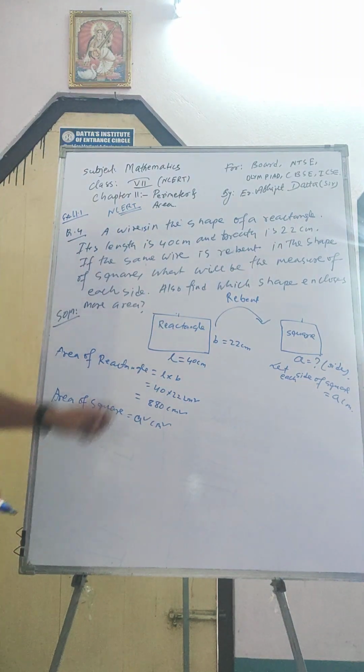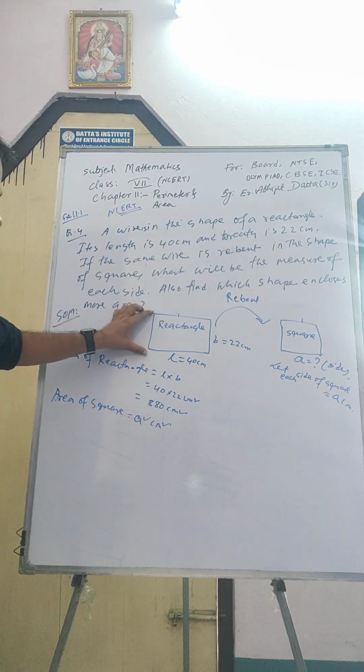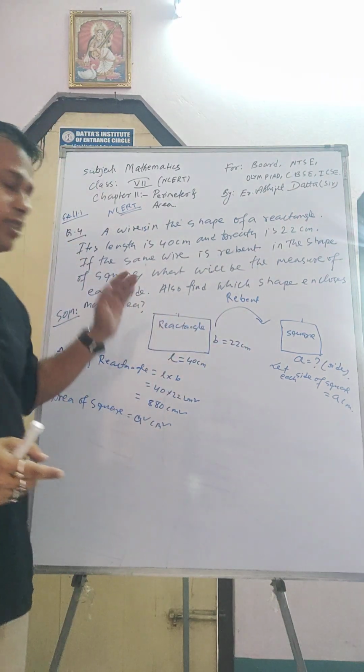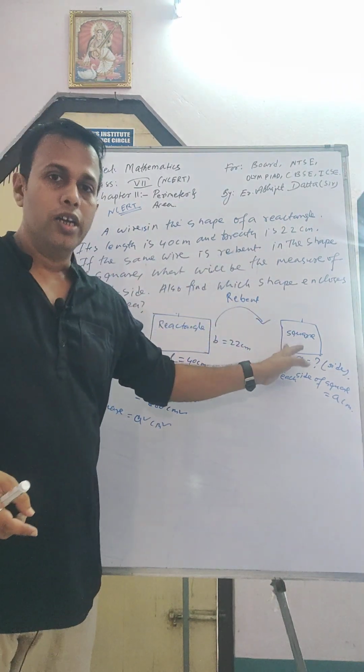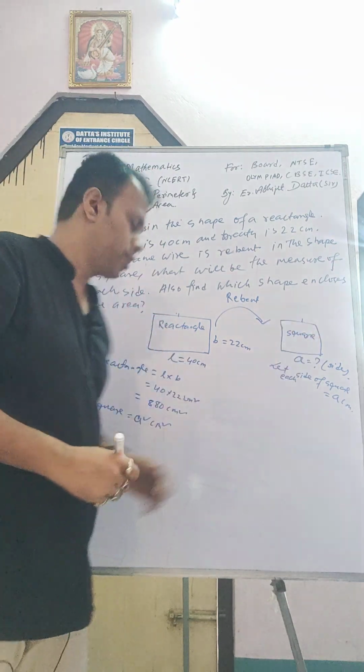Now we have to find the perimeter. The wire is bent in the form of a rectangle, and the same wire is bent in the form of a square, so the perimeter of the rectangle is always equal to the perimeter of the square.